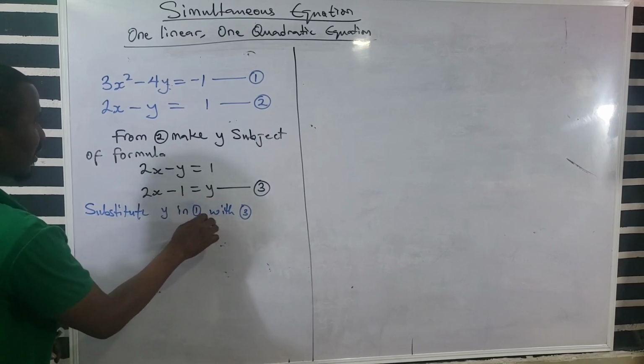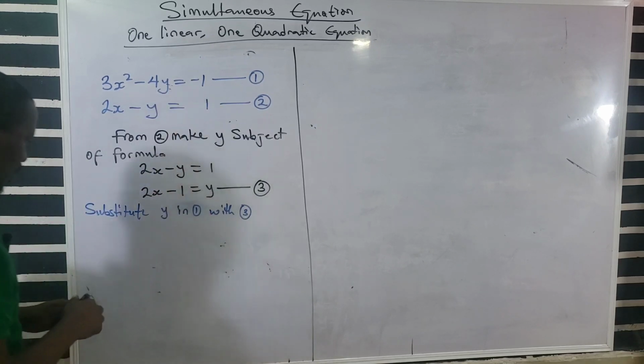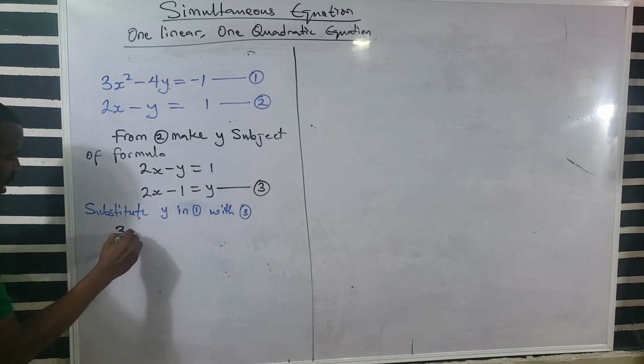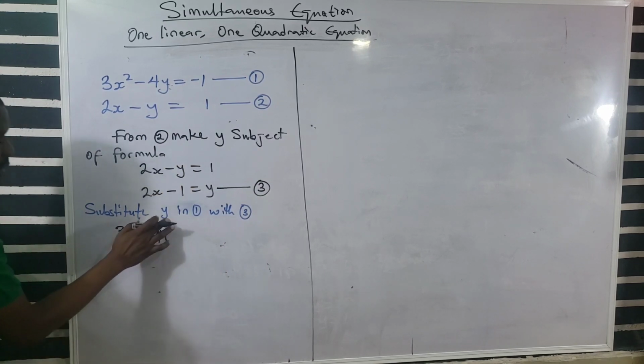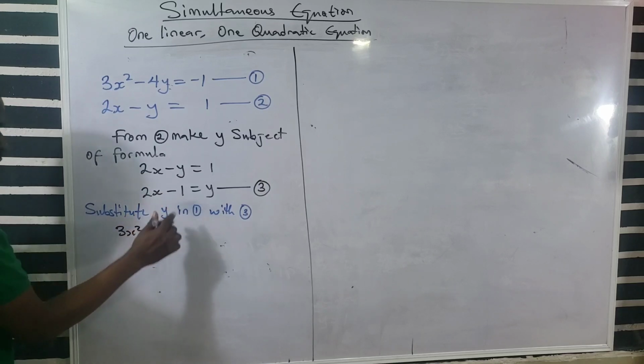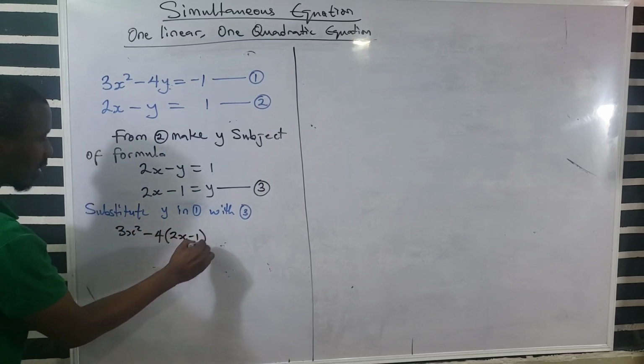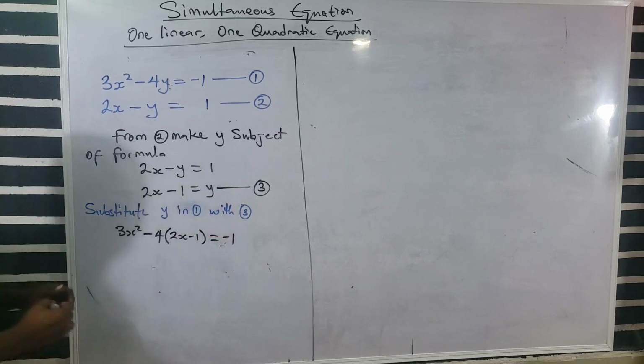We are going to put it in equation 1. So that will give us 3x squared minus 4 into our y. Our y now is 2x minus 1, equals to minus 1. So we are going to solve this resulting equation.